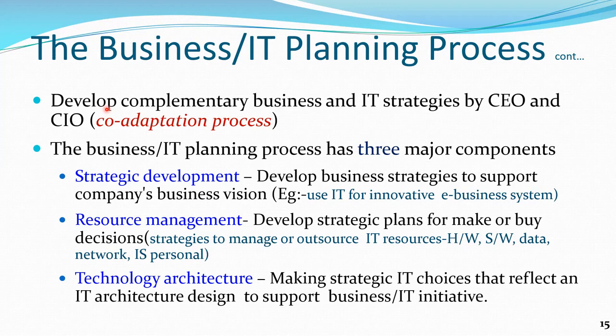That's why I said we need a business plan and an IS plan combined together. We call this process the co-adaptation process, right? Think about your organization. Even this co-adaptation process should be there if the company is succeeding, right? Develop complementary business and IT strategies by the CEO and the CIO, right? Who's the CIO?